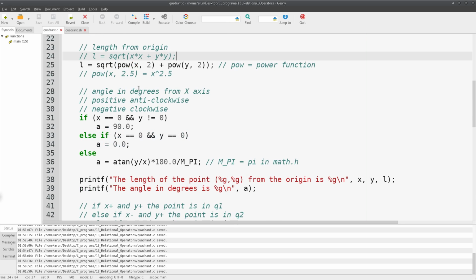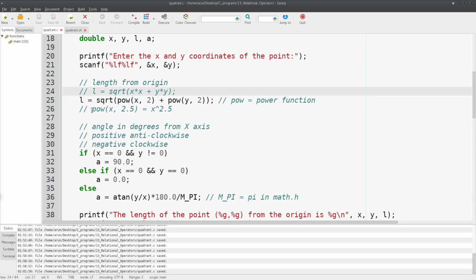Instead, I just want to introduce you all to a power function. What it does is calculate the exponent, a power of a particular value. If I want to calculate x raised to the power 2.5, I just have to write pow of x comma 2.5.